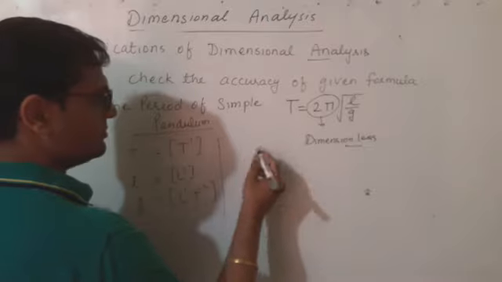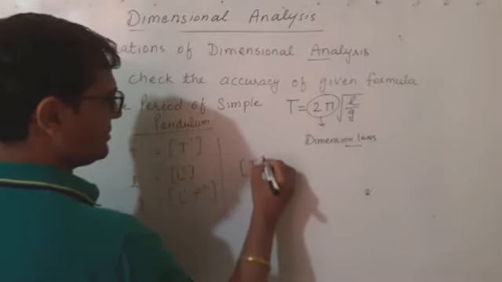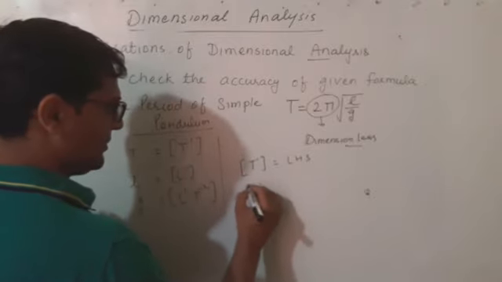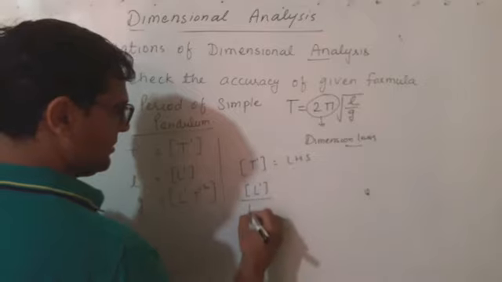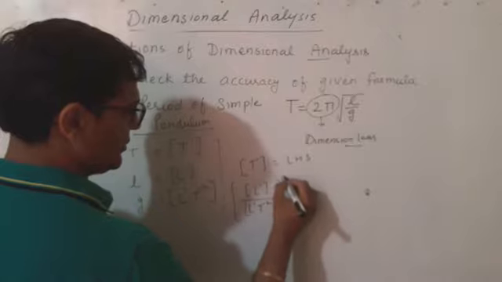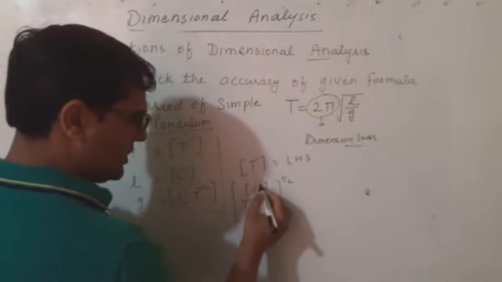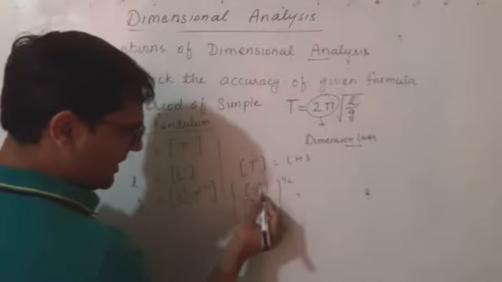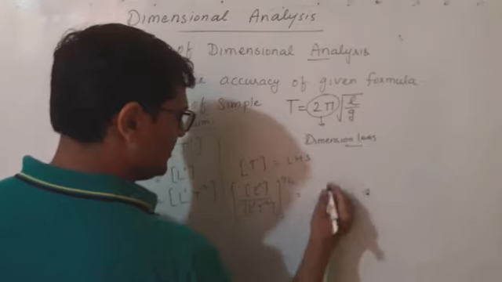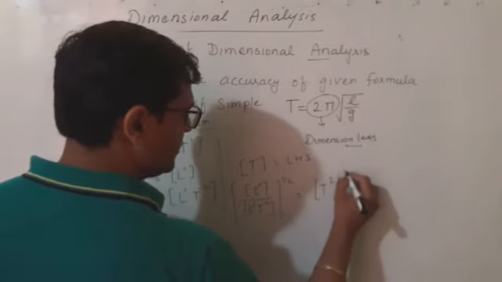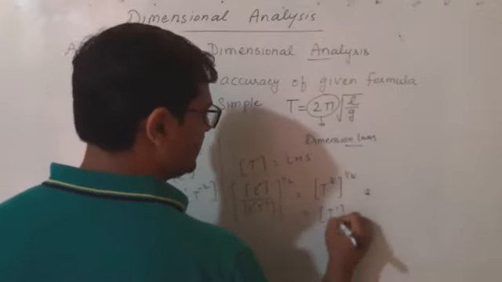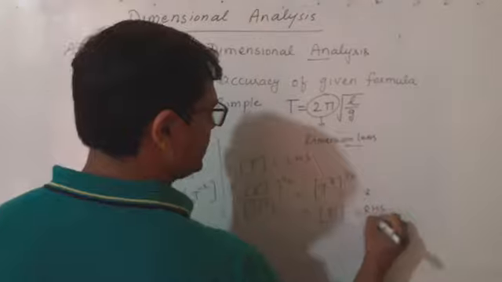Now T, that is T^1, is the left hand side, and the right hand side is (L^1 divided by L^1 T^-2) whole power 1 by 2. Square root means power 1 by 2. So I can cancel this L^1. Then I have T^-2 as a denominator, which I shift up to T^2, whole power half. So then I have T^1, which equals the right hand side.